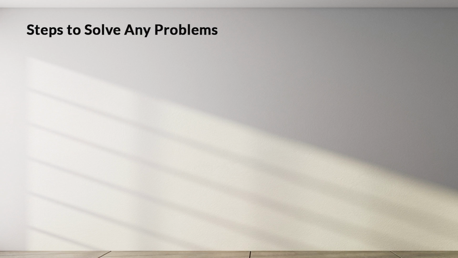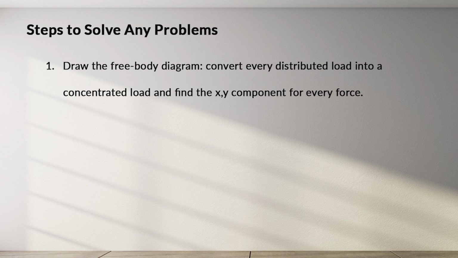What steps do we follow to solve any problem? The first step is to draw the free body diagram, converting every distributed load into a concentrated load, and find the x and y components for every force if the force is an inclined force.